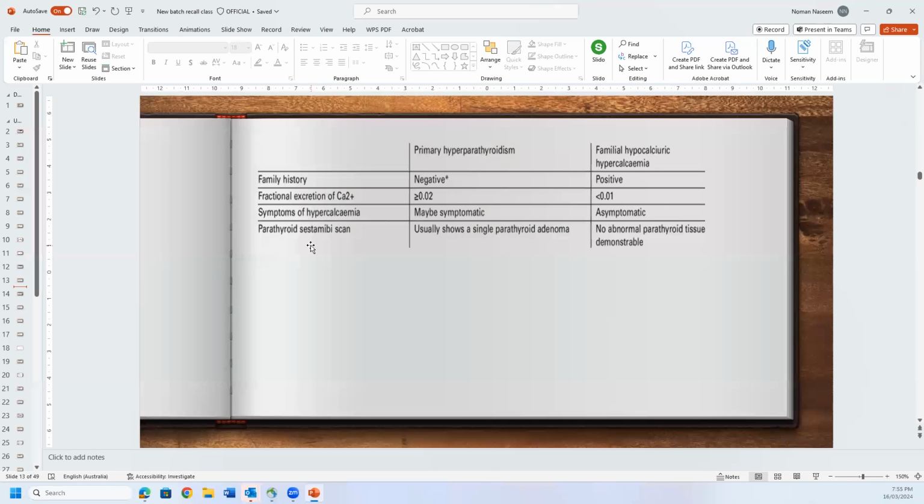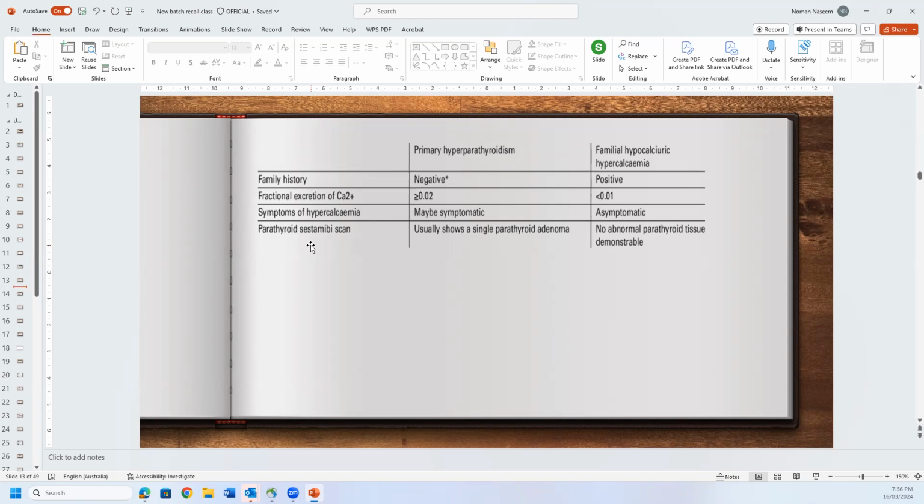And if you do a sestamibi scan, it's a scan which shows whether a parathyroid gland has a hot or cold nodule, right? If it's an adenoma, it will show up as a hot nodule.